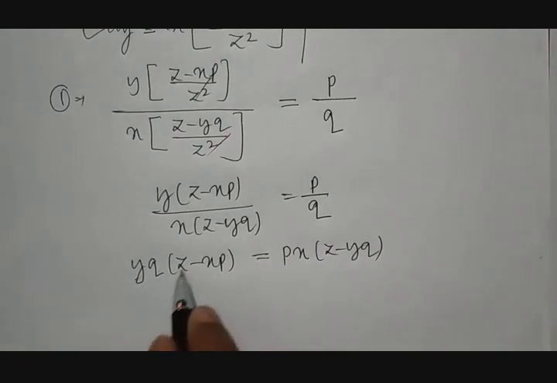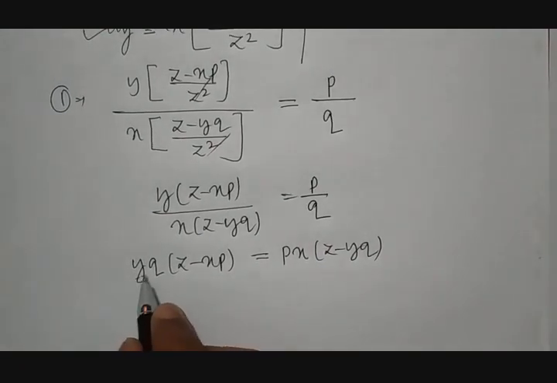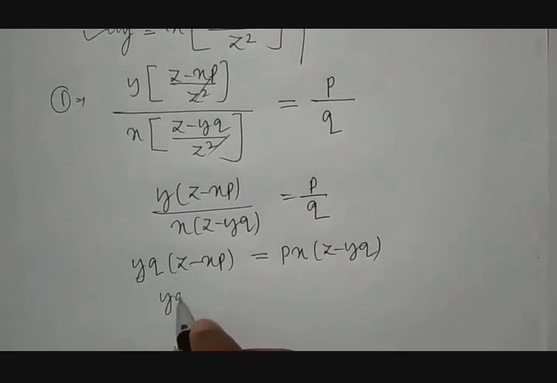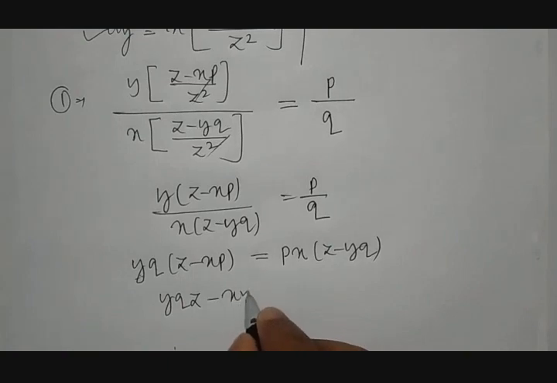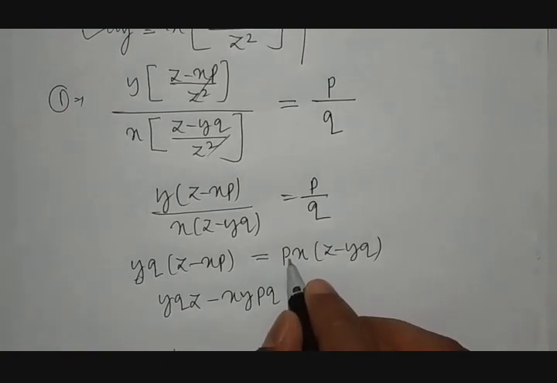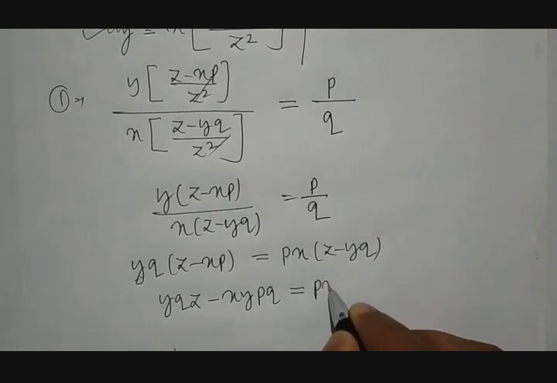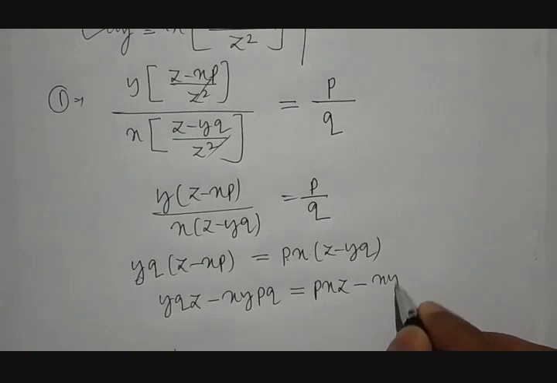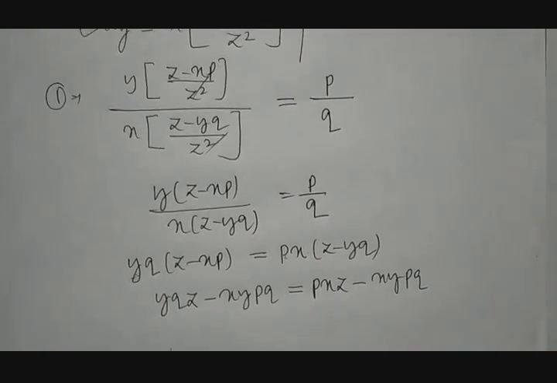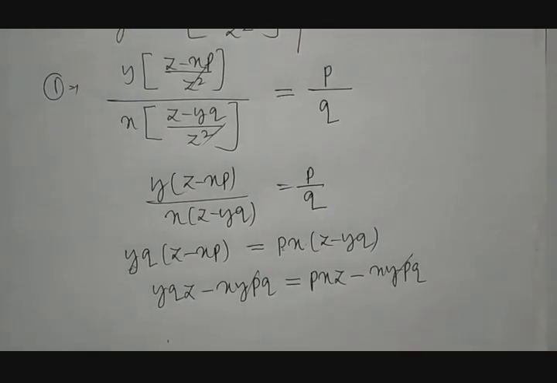Fine. Then on simplification, it becomes yqz minus xypq is equal to pxz minus xypq. Again, this term gets cancelled.